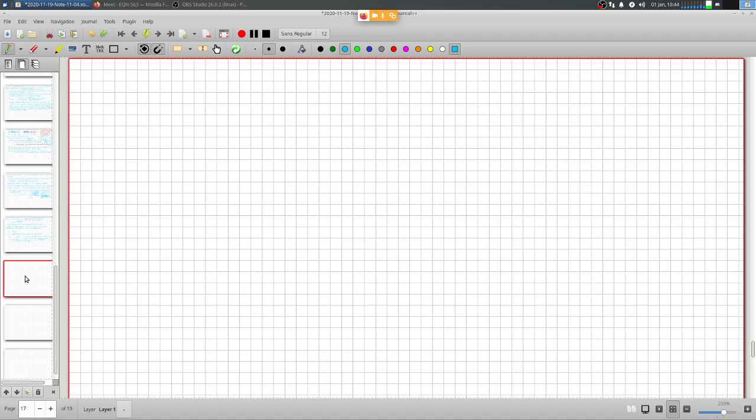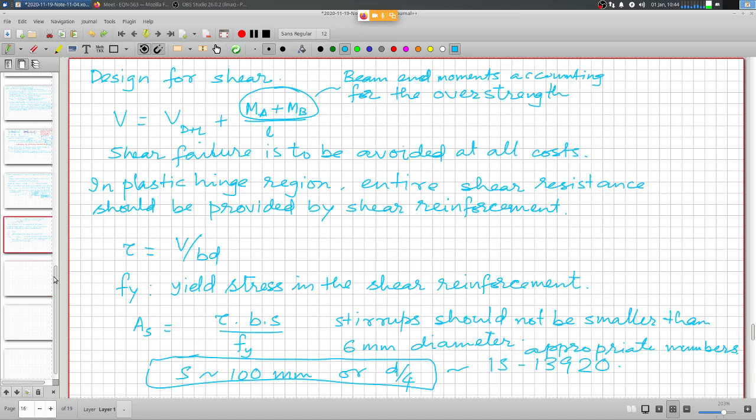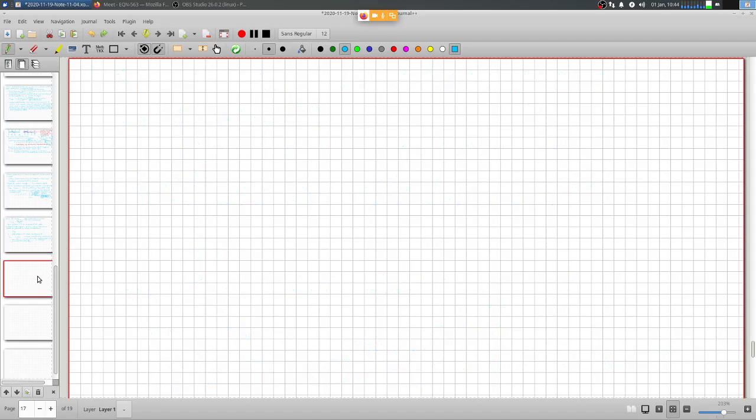Even in the most severe case of earthquake, the column and beam capacities should always be such that the shear failure never happens, right? There is a lot of conservatism that goes into these numbers, and that will actually help in avoiding shear failure even when a very severe earthquake hits the region.